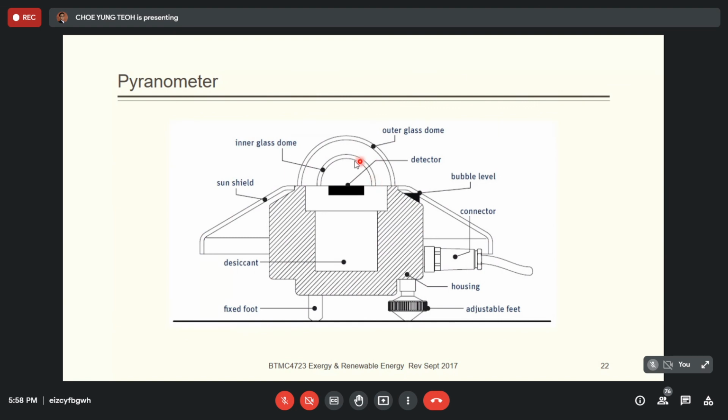The function of the glass dome is to maintain the temperature inside the sensor. Remember that outside you have the heat, maybe the temperature outside is low. So these glasses try to minimize the effect of the outside environment on the detector.